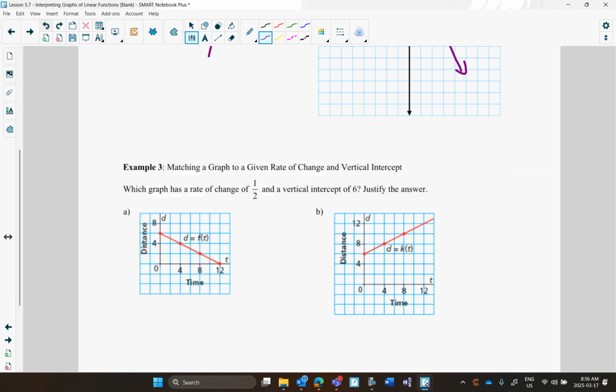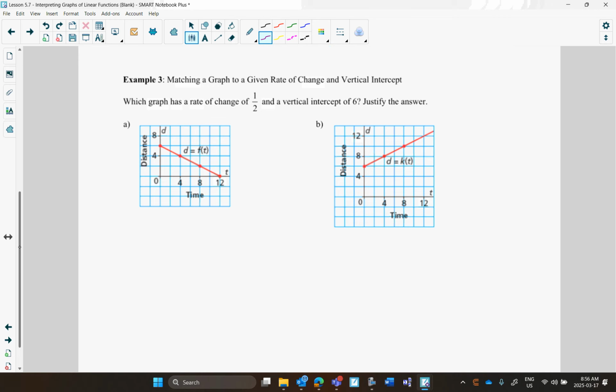Well, you could actually answer this one, something that I just said, without doing any math. Which one has a rate of change of 1/2 and a vertical intercept of 6? Yeah, one. Because A is, exactly, A will be a negative slope.